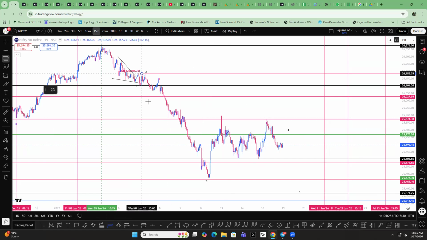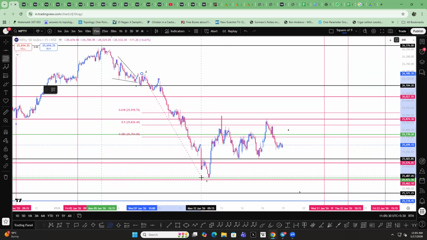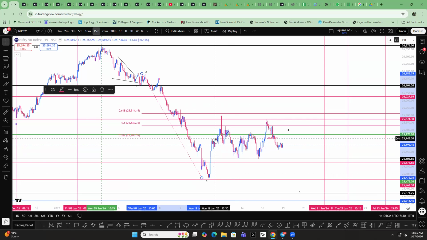If it is 2, then wave 4 can retrace 38 to 50%. See, 38.2% is here, 50% is here, and it crossed this. It almost came to 61.8%, which is absurd for wave 4.